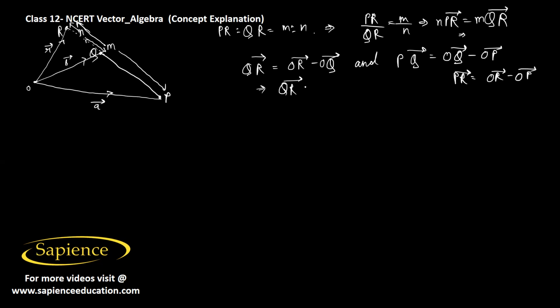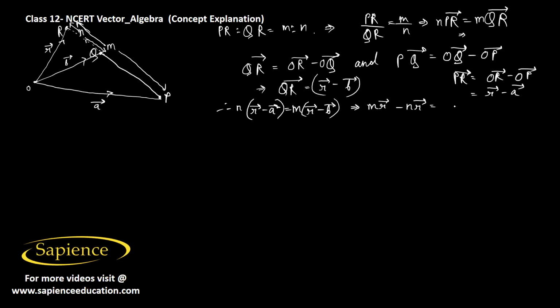So QR vector is equal to R vector minus B vector, and PR vector is equal to R vector minus A vector. Now therefore n into (R vector minus A vector) is equal to m into (R vector minus B vector). So we can say that m R vector minus n R vector is equal to m B vector minus n A vector.